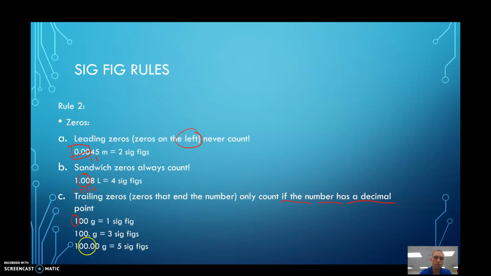Then I could go even further and add a couple more zeros, and all of these are still considered trailing zeros because they come at the end of a number. But since there's a decimal point right there, all 5 of those digits, the 1, the 0, the 0, the 0, and the other 0, all count as significant. So there are 5 sig figs in that number.